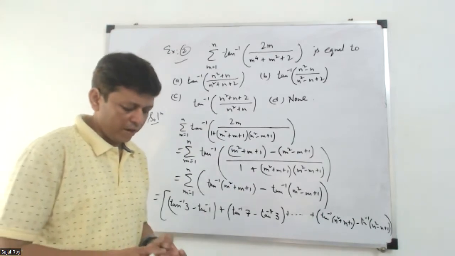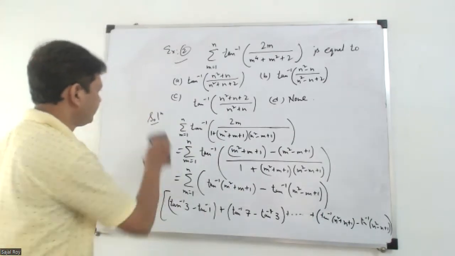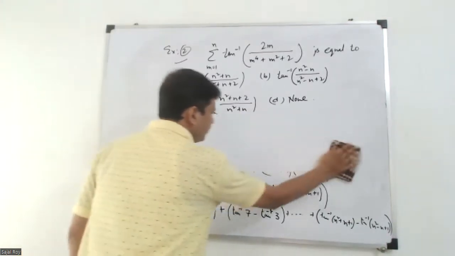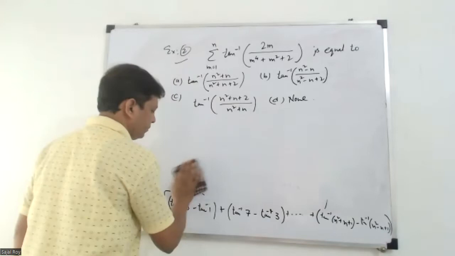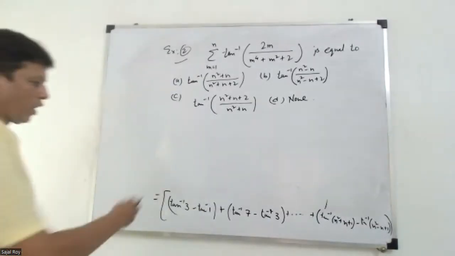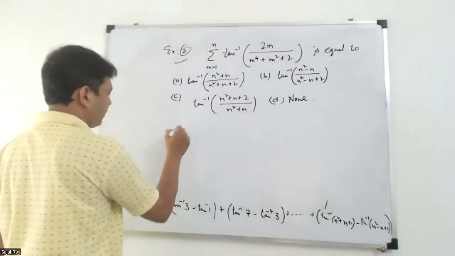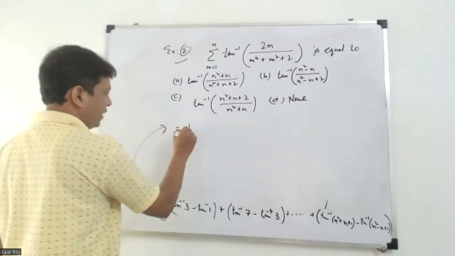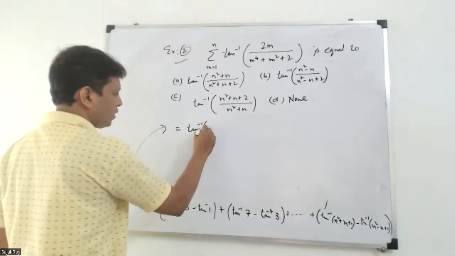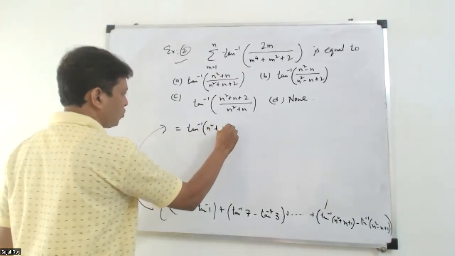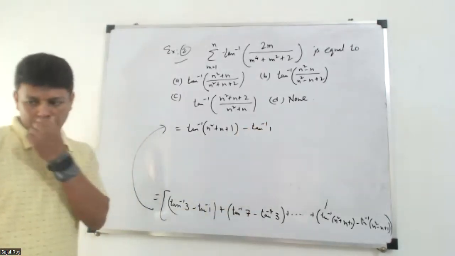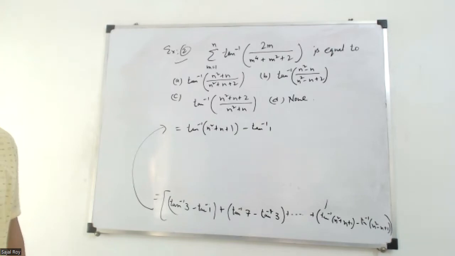Okay, so what I will write after this simplification, tan inverse, sorry, it's n square plus n plus 1 minus tan inverse 1, and tan inverse 1 is pi by 4.